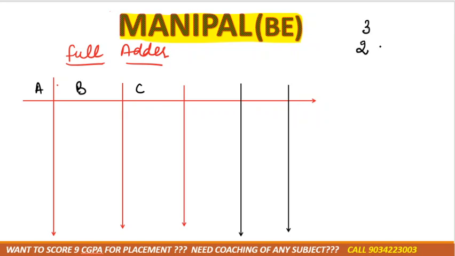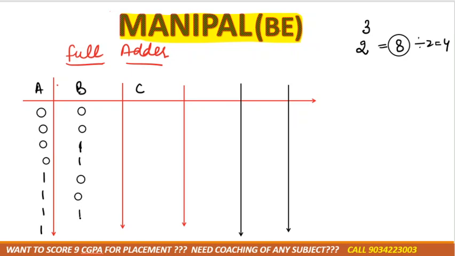That is 2 raised to 3, that is 8. 8 divided by 2 is 4. So we'll have 4 times 0, 4 times 1. Then 2 times 0, 2 times 1, 2 times 0, 2 times 1. Then 0 1 0 1 0 1 0 1.